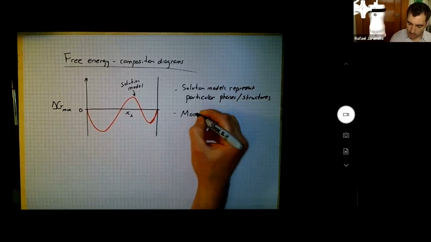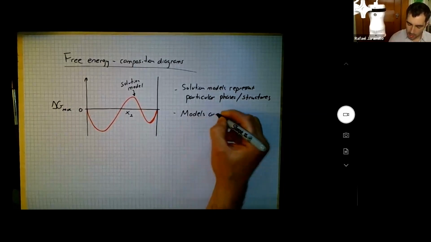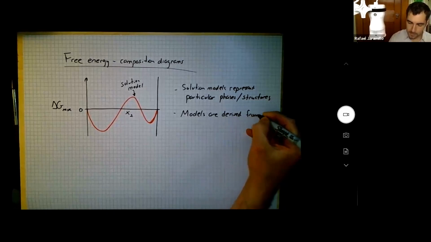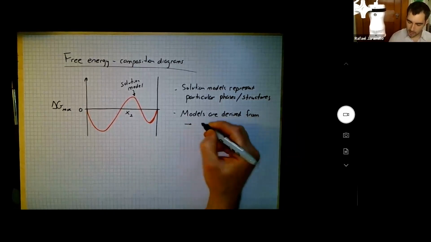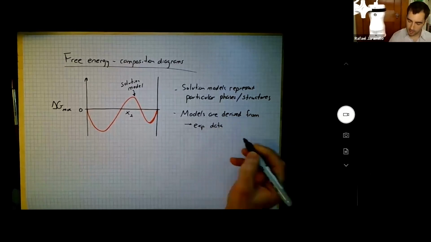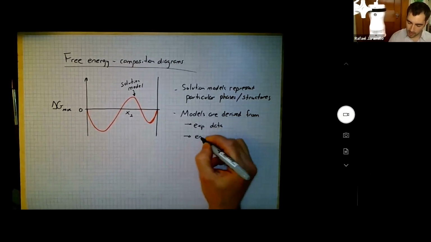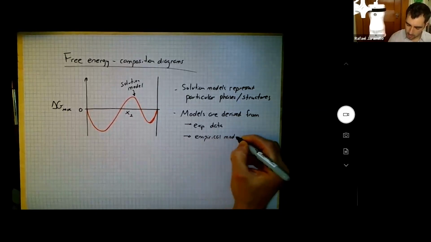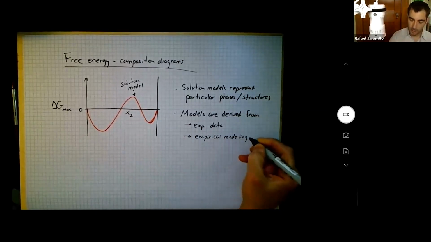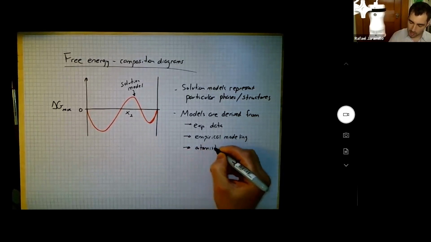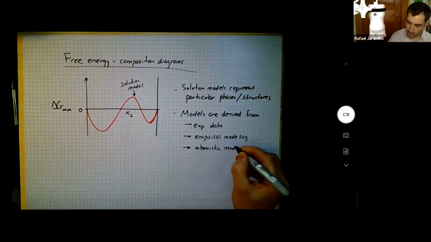And the models are where they're derived from. They're derived from experimental data. They're derived from empirical modeling. Or they're derived from atomistic modeling. So that is, theory.